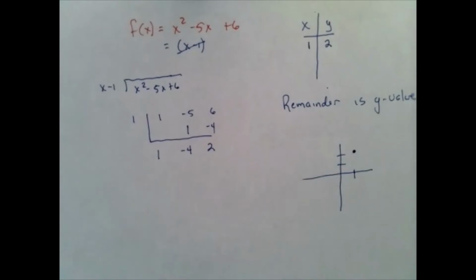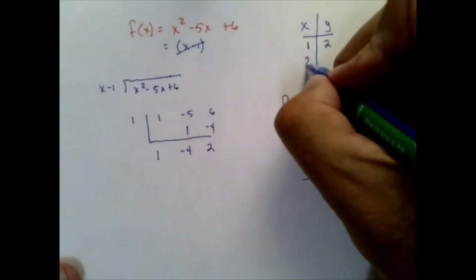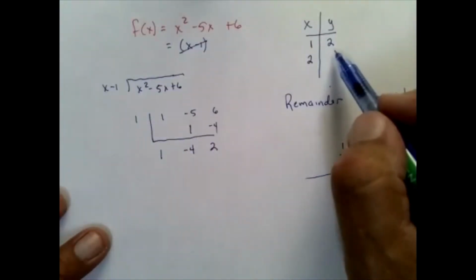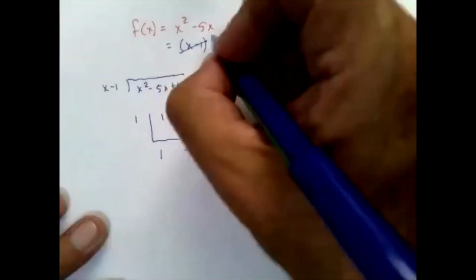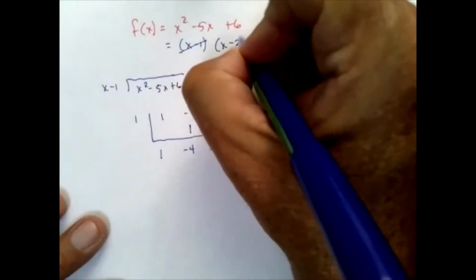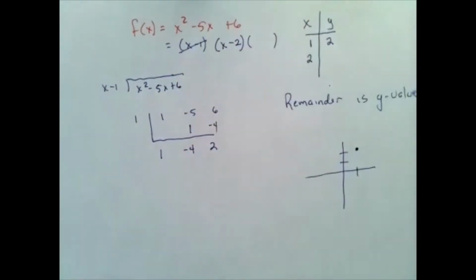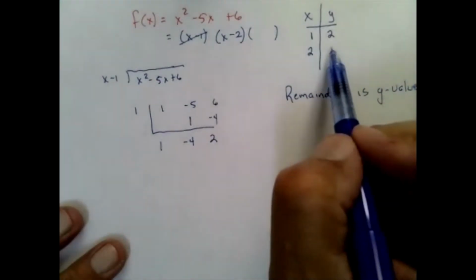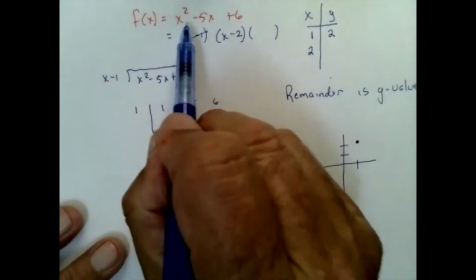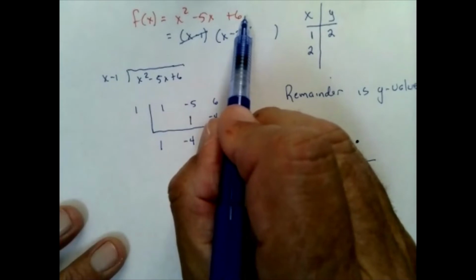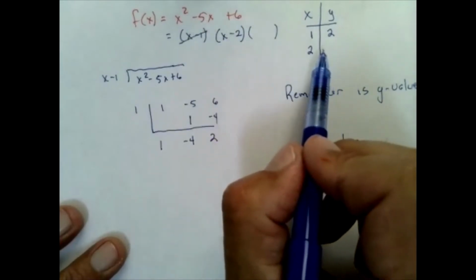I didn't get a remainder of 0, but that's okay. For 2, I want to know the y value, but at the same time, I'm asking, is x minus 2 a factor of this? So I can find the y value by plugging 2 in here. That's one way to find the y value.